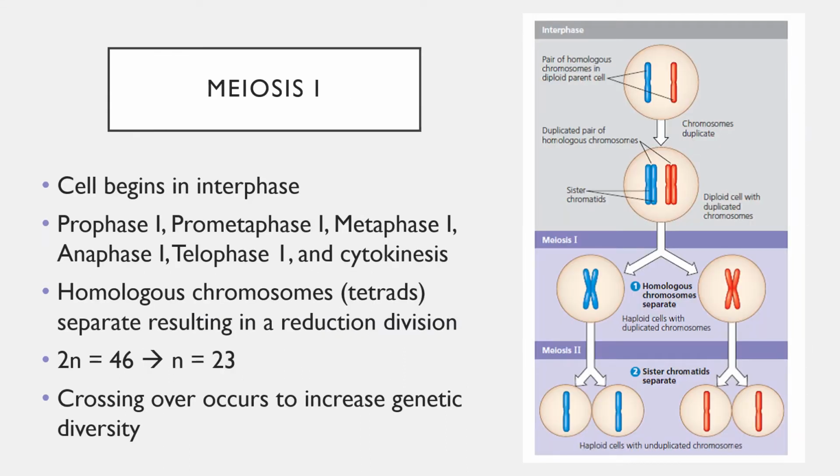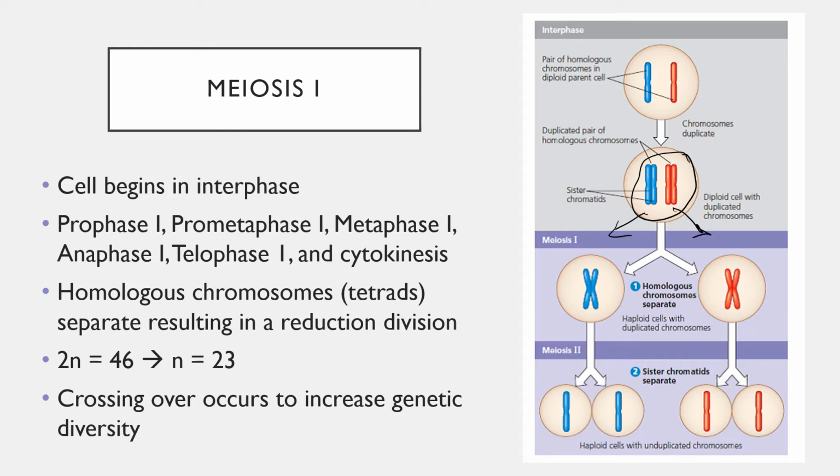Now, meiosis 1, the cell is going to begin in interphase, and it's going to go through essentially the same exact steps as mitosis. We break them down as prophase 1, prometaphase 1, metaphase 1, etc. You get the gist. It's just the stages of mitosis with a 1 attached to them. The focus of meiosis 1 is to take those tetrads, those homologous chromosomes, and separate them into their own cells.